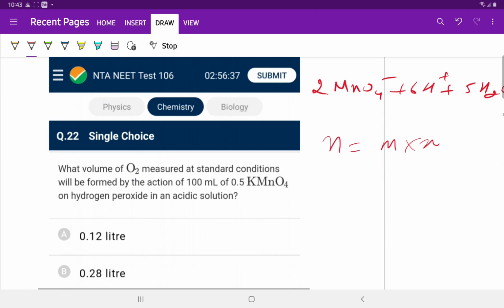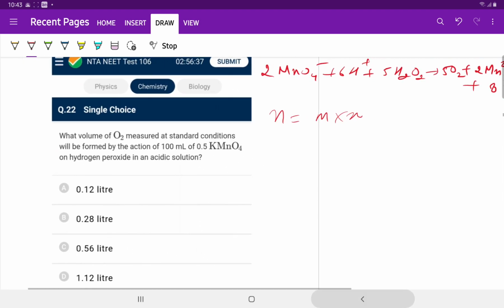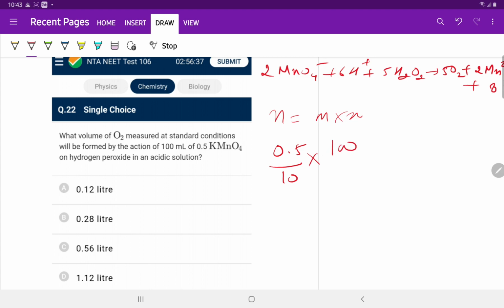So the molarity of the solution is 0.5 divided by 10. For calculating millimoles, multiply by 100. So 0.5 divided by 10 and multiplied by 100 gives 5 millimoles.